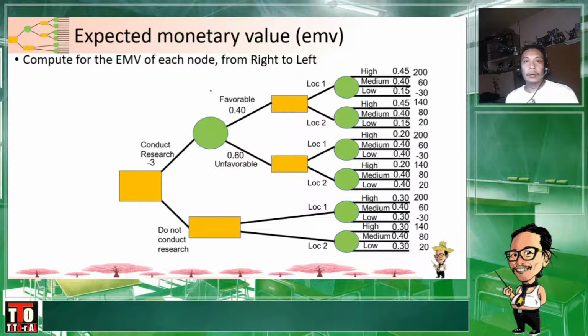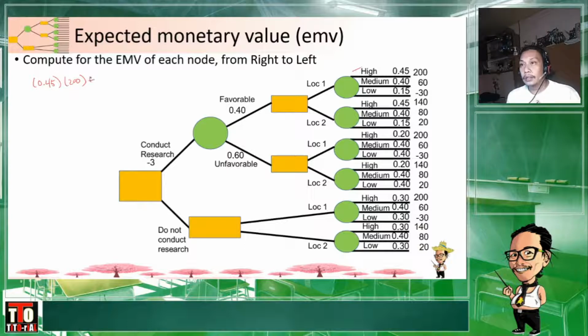Okay? So, let's start first with the top. Dito muna tayo sa top. Okay, location 1, favorable location 1 or high demand. High, medium, or low demand. Okay? So, sabi is there is 0.45 probability na high yung demand and kikita daw ng 200,000.